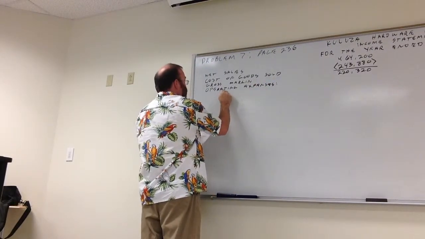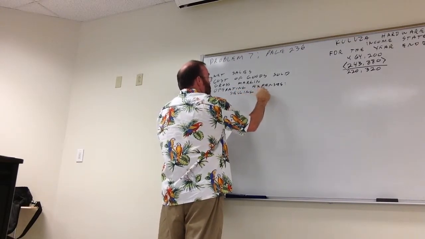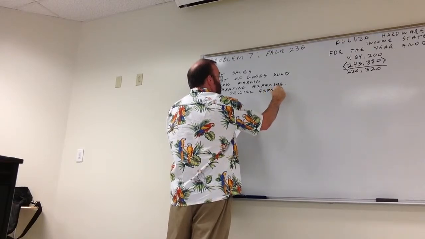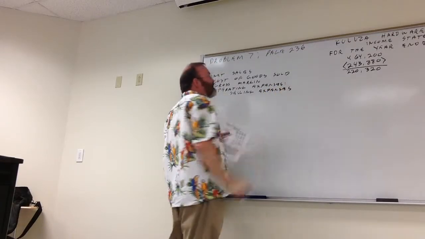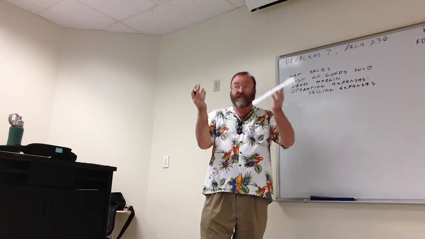From this, we're going to subtract operating expenses. We have selling expense. Selling expenses would include any commissions that we pay the sales staff, the salaries of the sales staff.